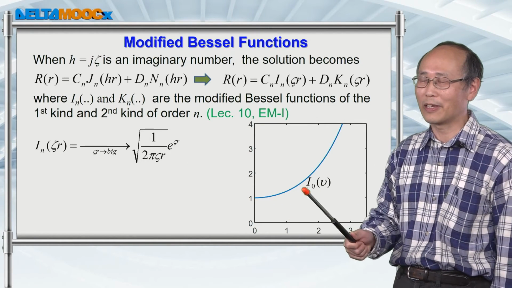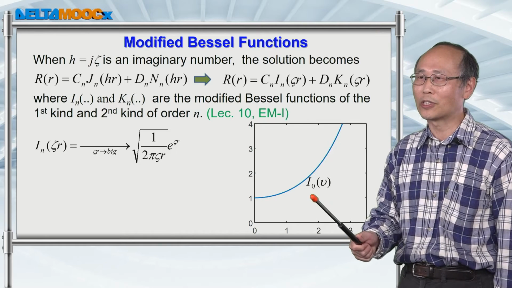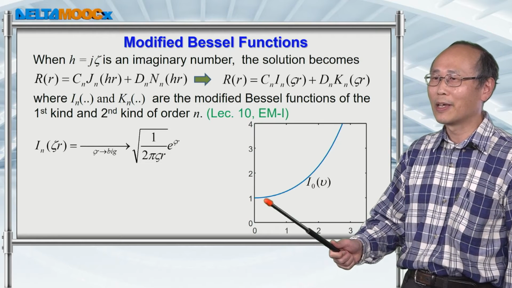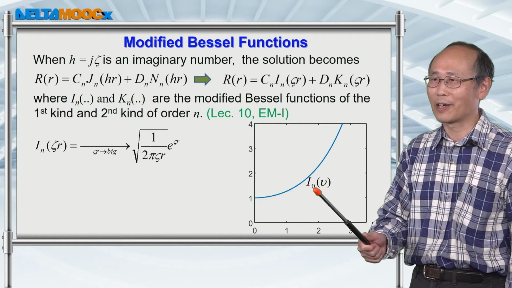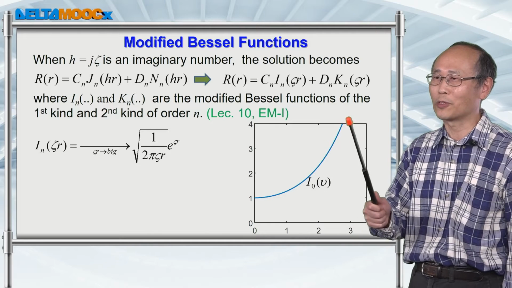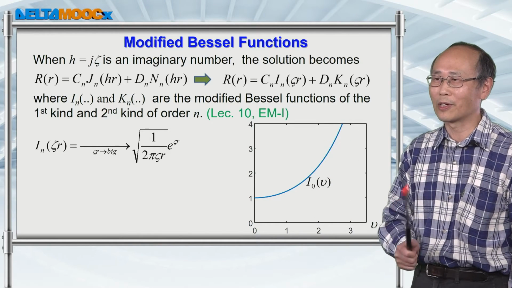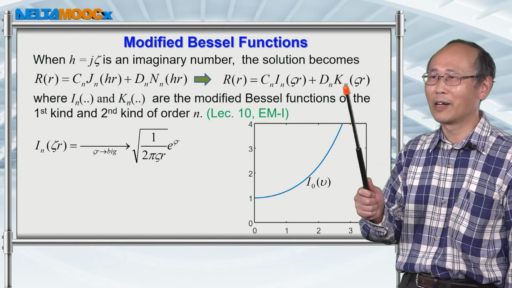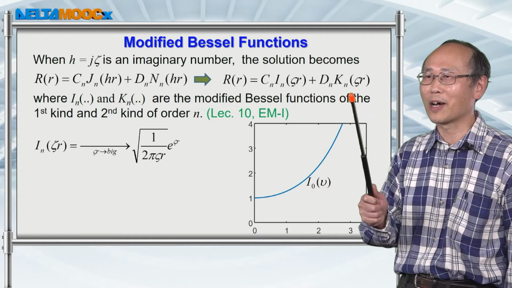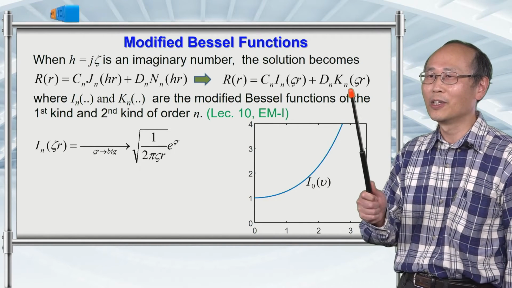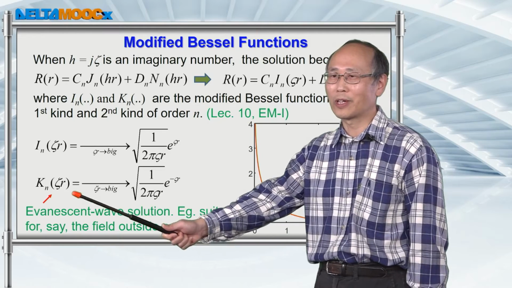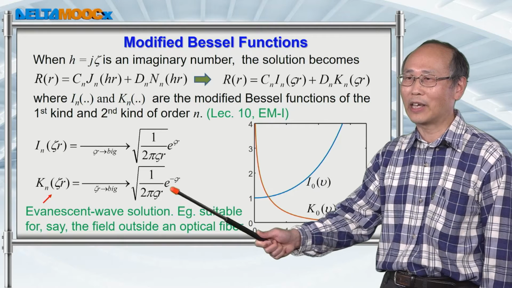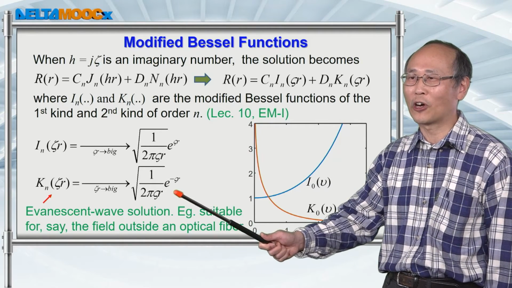The plot here is I0(u), the modified Bessel function of the first kind of order 0. You can see that the value of this modified Bessel function increases with u when u increases to a big number. On the other hand, if we allow the argument of the modified Bessel function of the second kind to be large, then you will also get an asymptotic form, which is the attenuating exponential function.